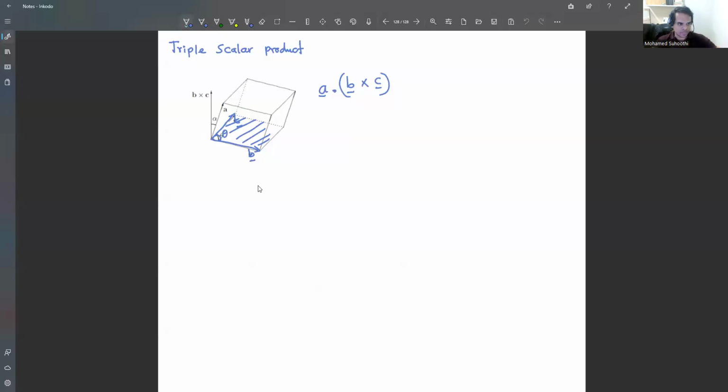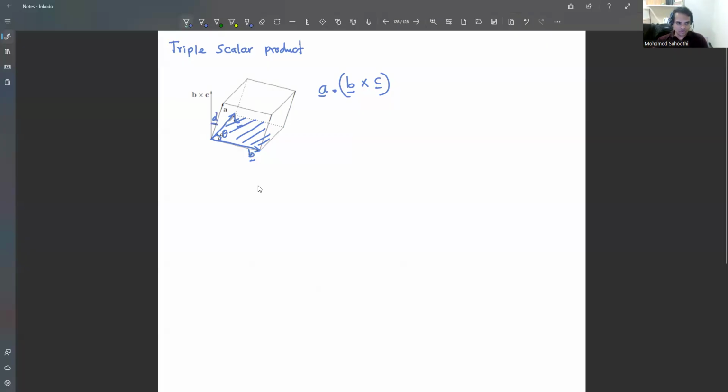This will be somewhere here. Here you can see I have shown that B cross C vector. Then we have another vector A, making angle alpha with it.